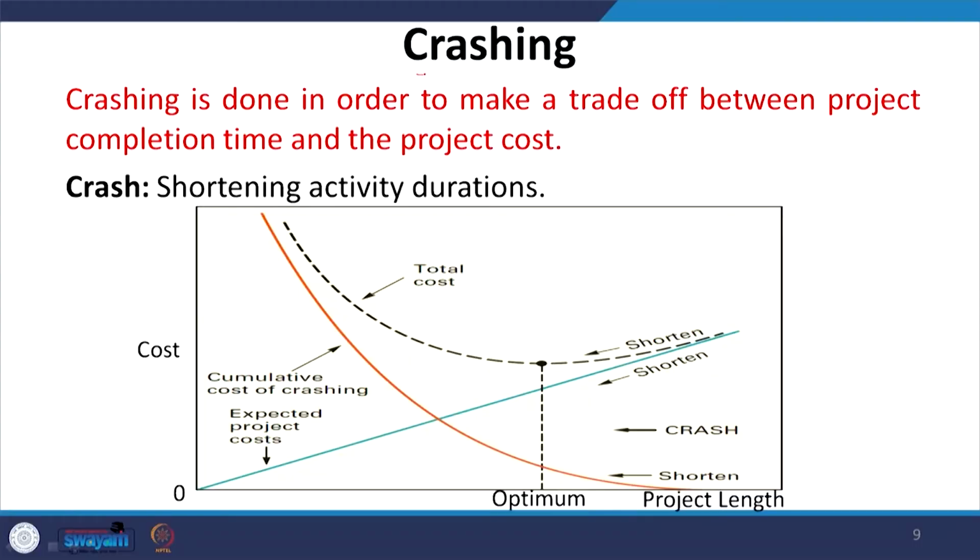Now, another important thing which we need to discuss is the concept of crashing. Sometimes it is possible that the critical path is 16 weeks, but because of some requirement, because of some urgency, you want to complete the project in 14 weeks and you are ready to invest more money, you want to put more resources for completing the project in 14 weeks.